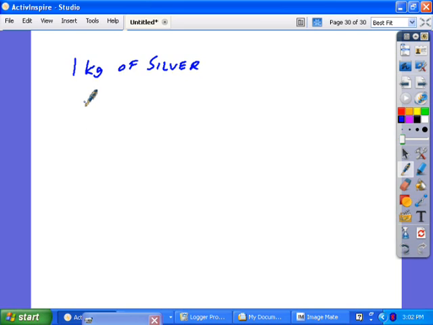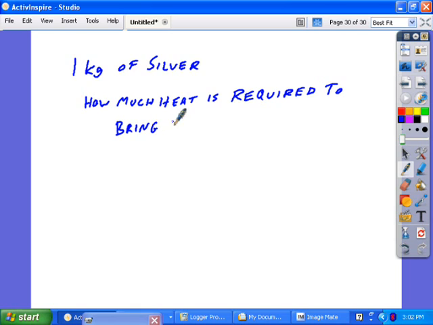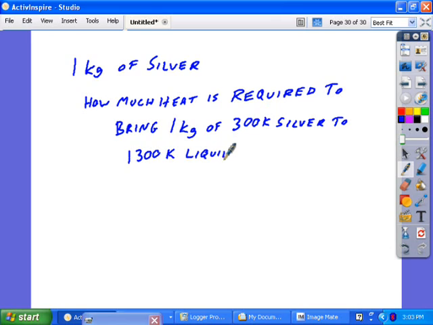I want to take that 1 kilogram of silver and I want to know how much heat is required to bring 1 kilogram of, let's say, 300 Kelvin silver to 1,300 Kelvin liquid silver.